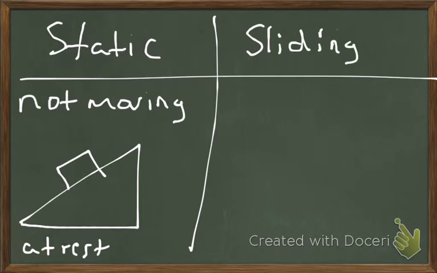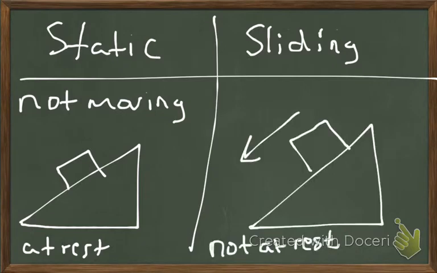So the reason why it is not moving is because there is enough friction to oppose however hard you're pushing. If you push hard enough, though, you can get it to slide, and there's a different amount of friction there.